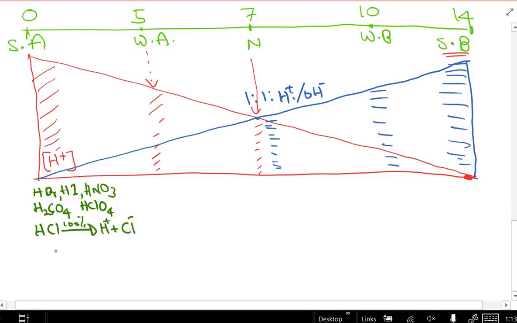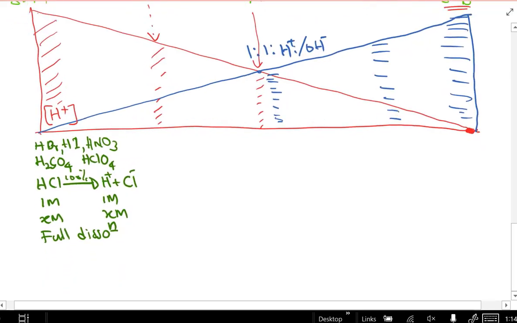And therefore, if we do a simple calculation, let's say we start with 1 molar HCl, it should give you 1 molar protons. If you start with X molar HCl, it'll give you X molar protons, right? Very easy because it's full dissociation, 100%. You start with 1 mole, you end up with 1 mole proton, right?